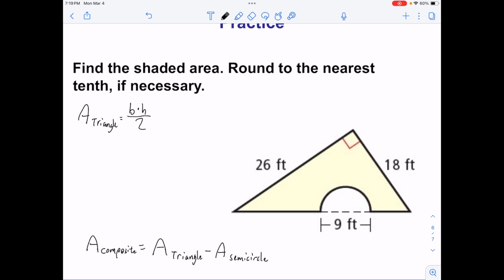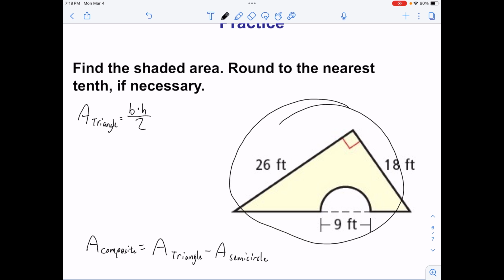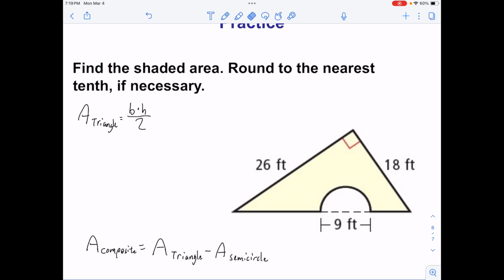Base times height, their base and height are always perpendicular to one another. So if the triangle is rotated this way, to find the base and the height, look for the right angle right over here. The 2 lines that are perpendicular, forming that right angle, will be the base and the height. In this case, it's a right triangle, so we're actually in luck, because we just have 18 and 26.